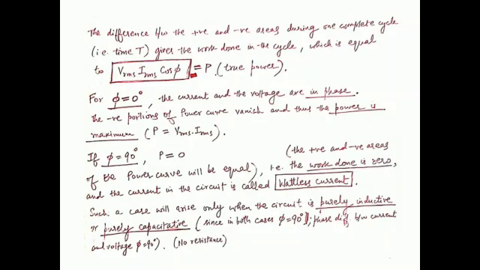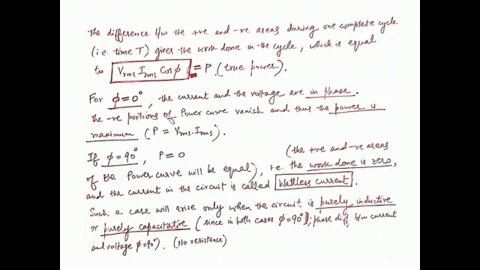Now for phi, that is the phase angle, equal to 0 degrees, the current and the voltage are in phase. The negative portions of the power curve vanish, and thus the power is maximum, that is P is simply equal to V rms times I rms.